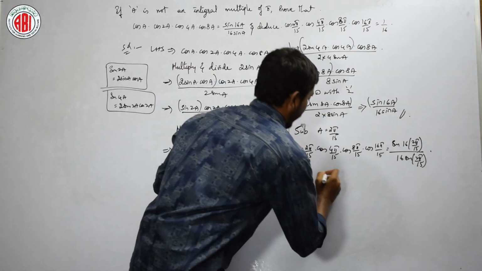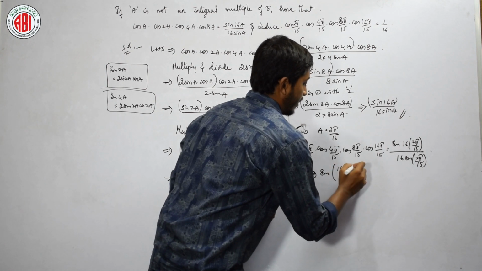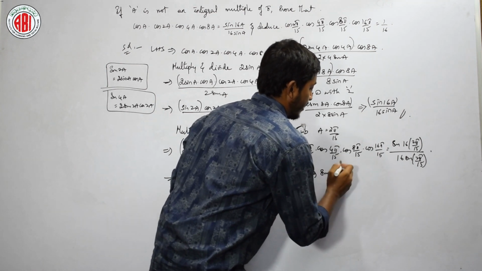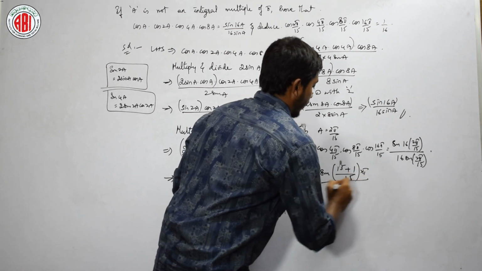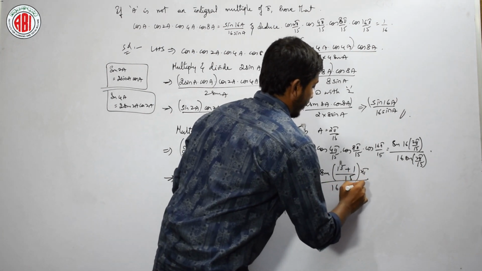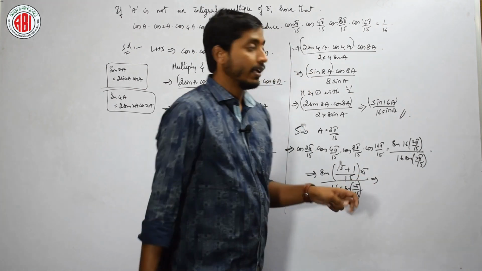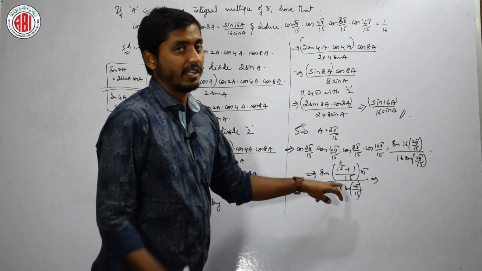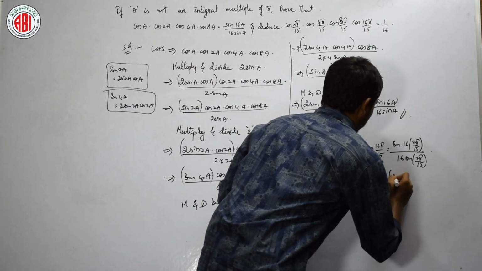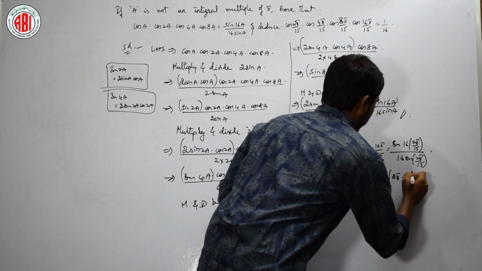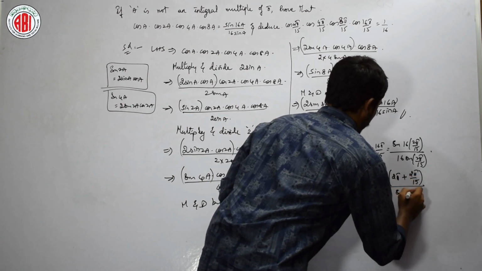Then it will become sin of 16, let us write 16 as 15 plus 1 by 15 into 2 pi, right? Let us keep this as it is. I will show you what it will become. Now let us separate it. 15 by 15 is 1, it will be 1 by 15. Then it will be sin of 2 pi plus 2 pi by 15 whole divided by sin 2 pi by 15 into 16.